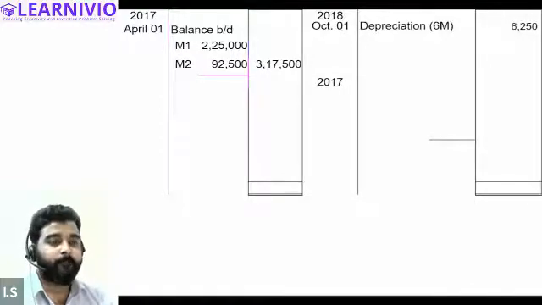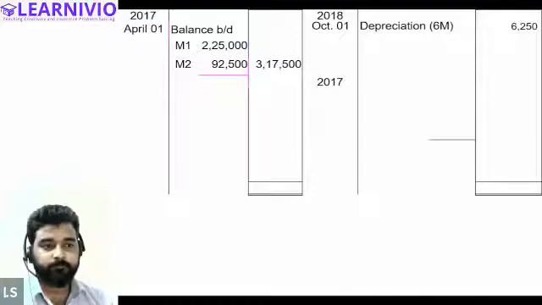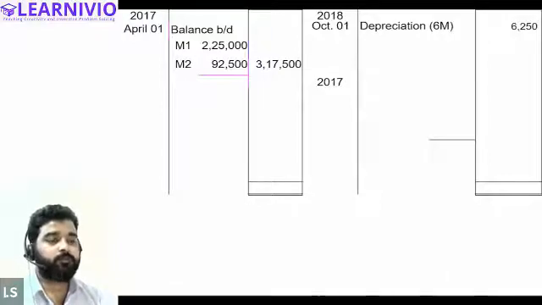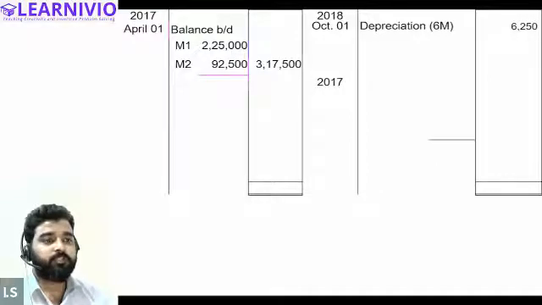Do you have any doubt regarding this? Okay. So depreciation for 6 months will be 6,250.